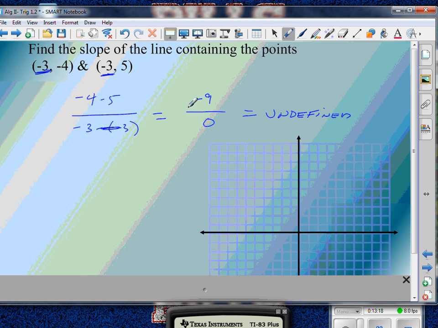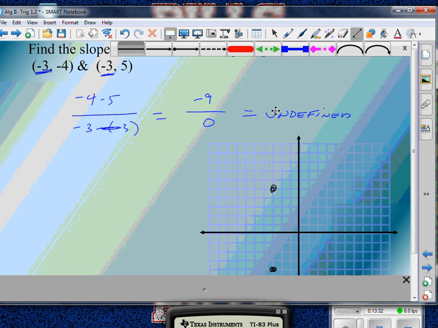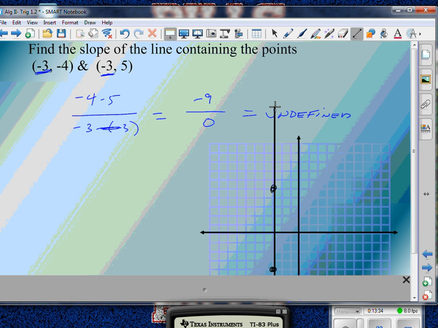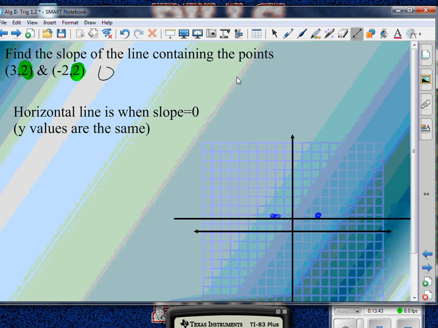Let's plot the points. 1, 2, 3. 1, 2, 3, 4. 1, 2, 3. 1, 2, 3, 4, 5. Can I walk this slope? Could you walk across this slope right here? No. You could walk straight across, right?